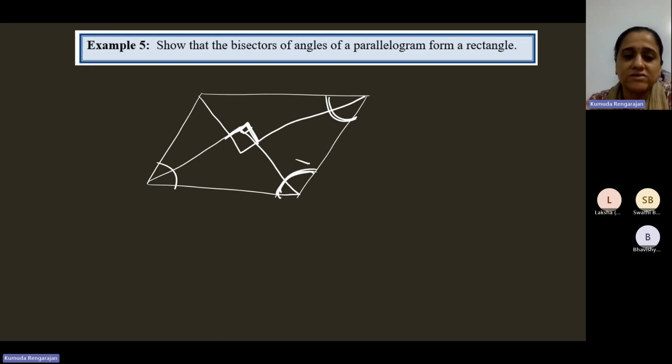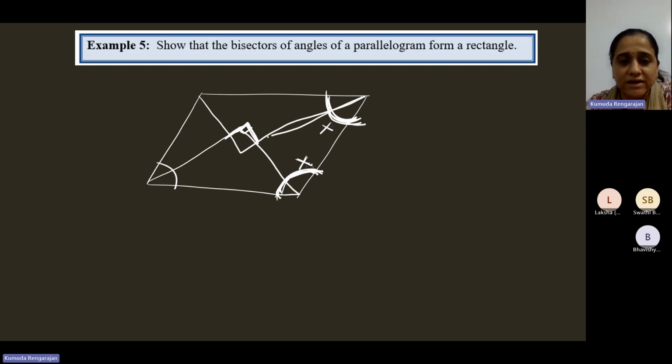So this angle plus this angle is equal to 180. Half of this angle plus half of this angle is equal to 180 by 2, which is 90. Half of this angle is this one, half of this angle is this one. The sum of these two angles is 90.